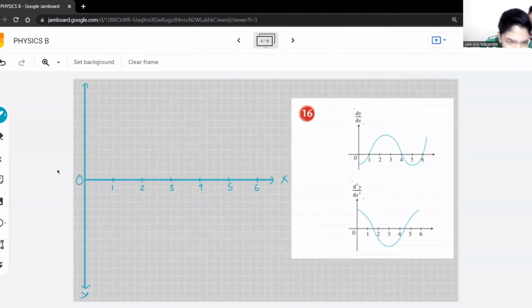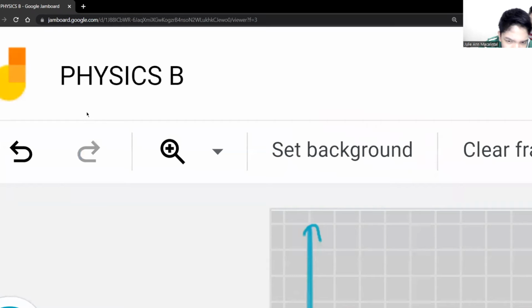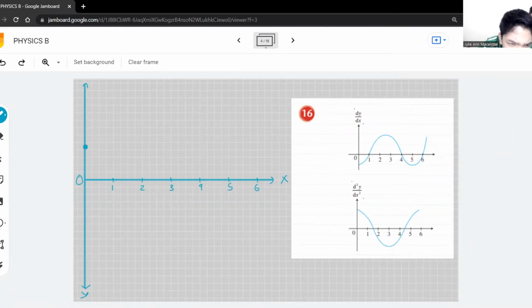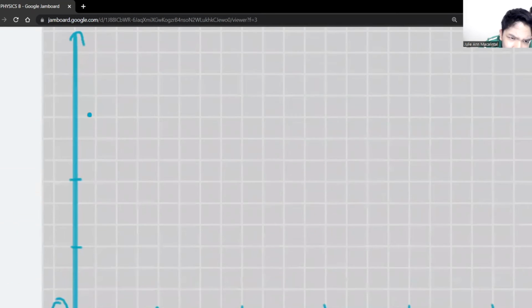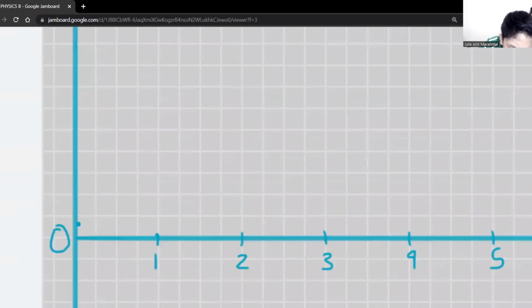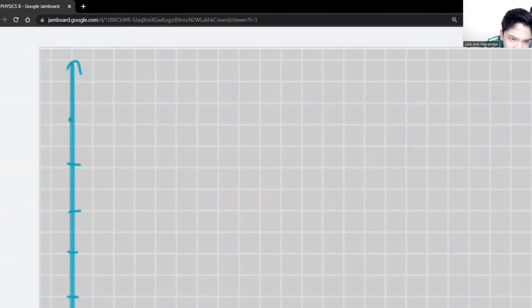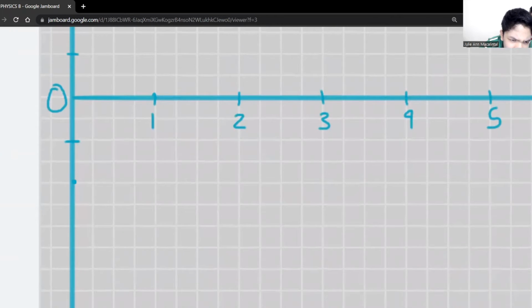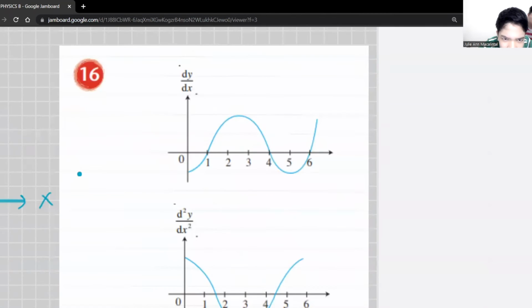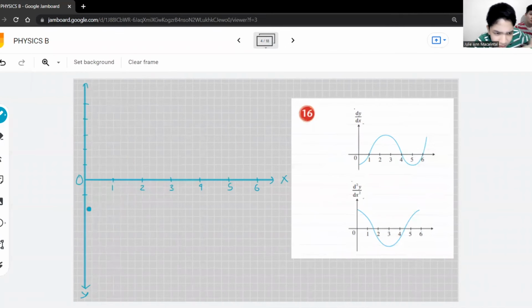It's 5, so we only need up to 5. And what is the smallest? It's negative 2, so I'll just use until negative 3.